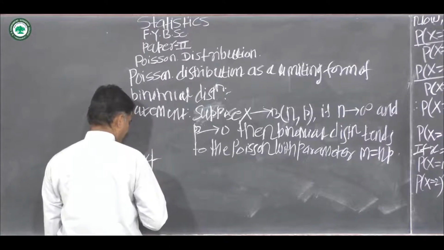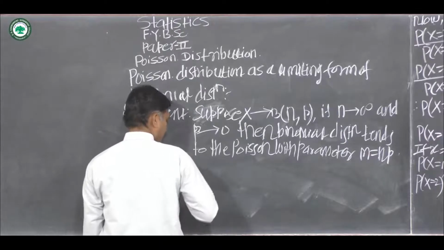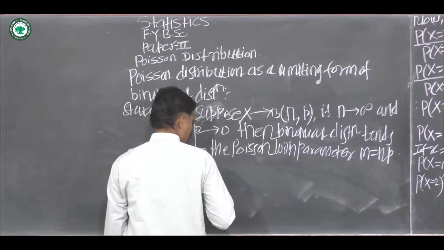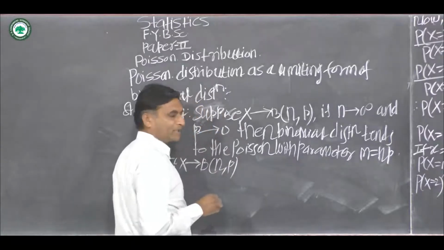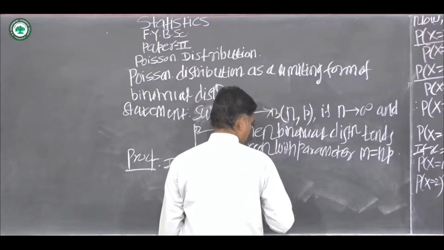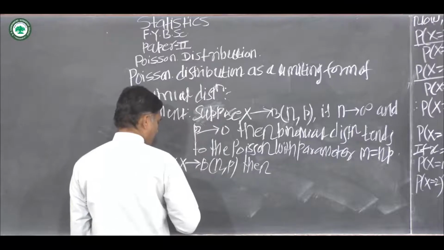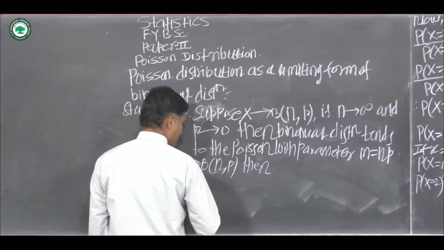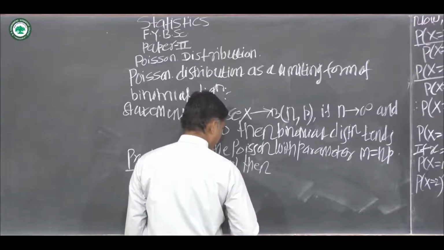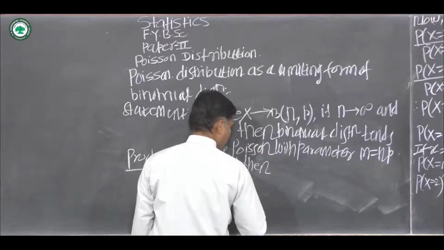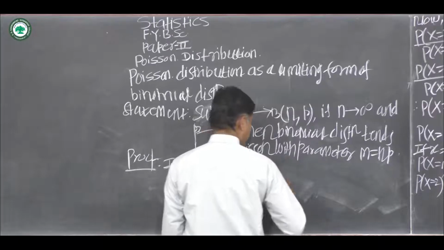Proof: if x follows binomial distribution with parameters n and p, then its probability mass function is given by probability of x equal to small x, which is equal to ncx into p raised to x into q raised to n minus x.